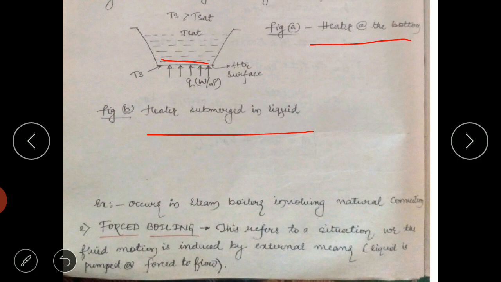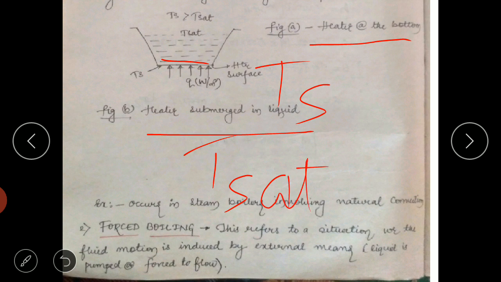So here Ts is the temperature of the surface, which is the coil, and Tsat is the saturation temperature corresponding to 1 bar.